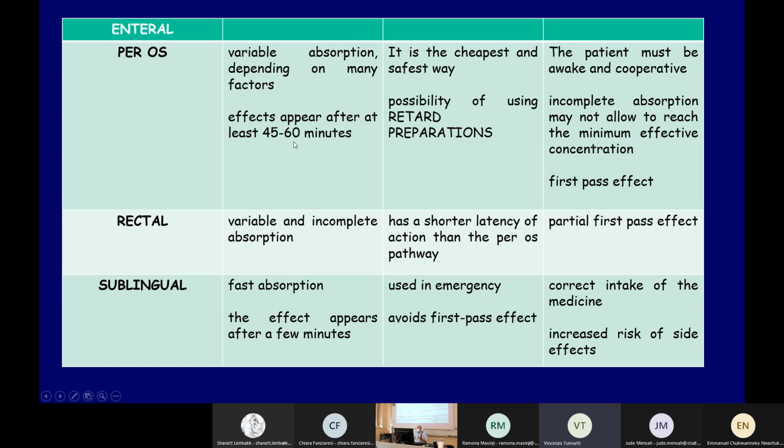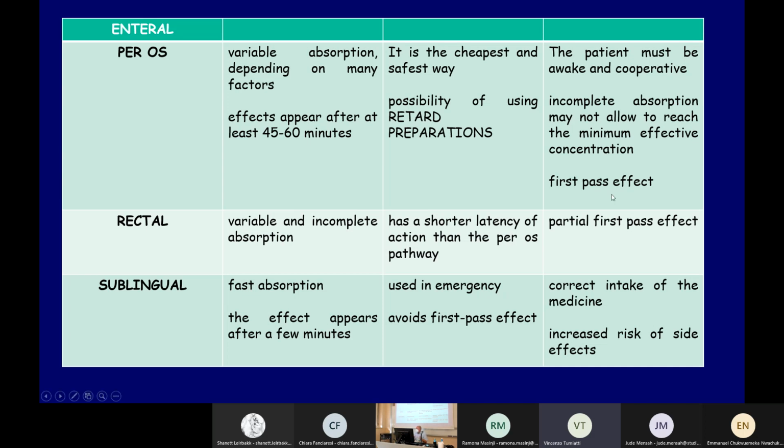Effects appear after 55, 60 minutes, 1 hour. It's too long sometimes. However, it's the cheapest and safest way, but the patient must be awake and cooperative. Incomplete absorption may not allow reaching the minimum effective concentration. This is another important problem.